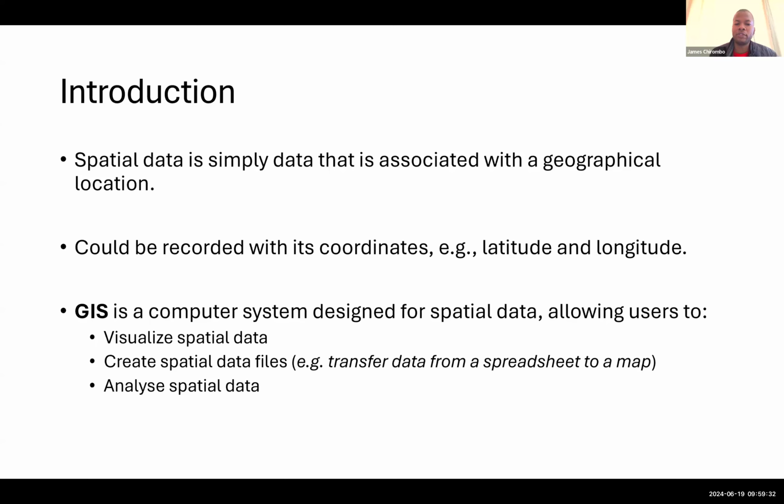It does a lot of things, allows us to visualize the spatial data, do some data management with the spatial data, with creating spatial data files, merging data, transferring data from one source to another, for example, spreadsheet into the GIS. So a GIS program allows us to do all these complex stats with spatial data, allows us to do the data analysis itself by using spatial data.